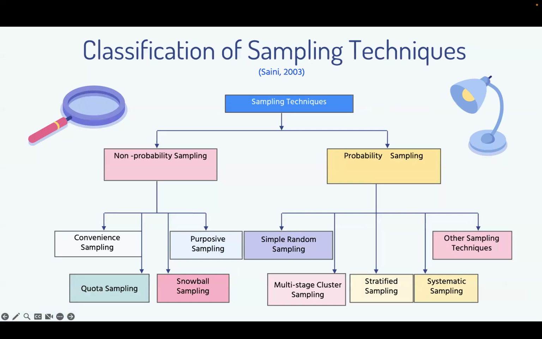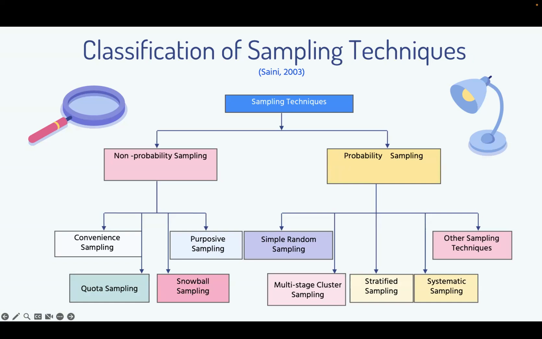There are two general approaches to sampling in social science research: non-probability sampling and probability sampling. With probability sampling, all elements, for example persons or households in the population, have some opportunity of being included in the sample, and the mathematical probability that any one of them will be selected can be calculated.